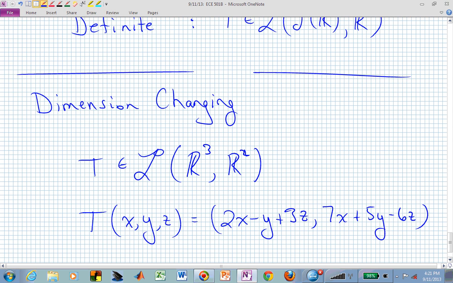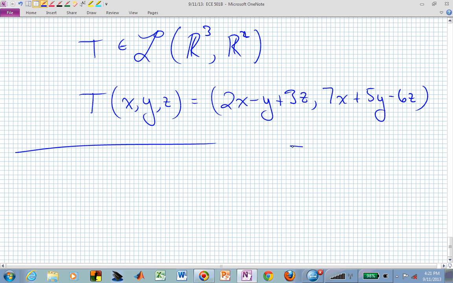And you could show that this linear map is linear. It satisfies additivity and it satisfies homogeneity. If you looked at different combinations of x, y, and z, for example, you could take two and then you could scale one of those. Let's look at another map that's related to this. Let's say the projection map.